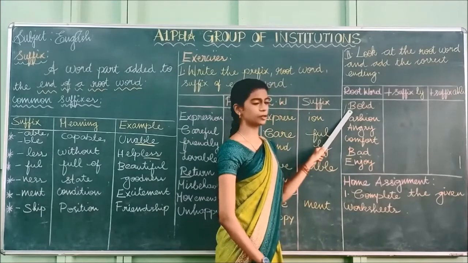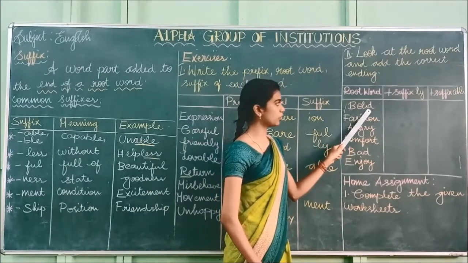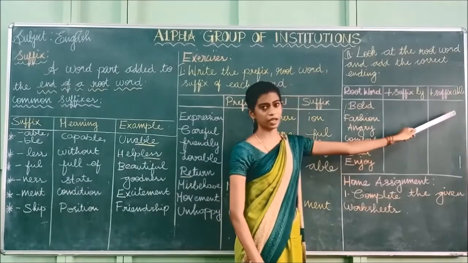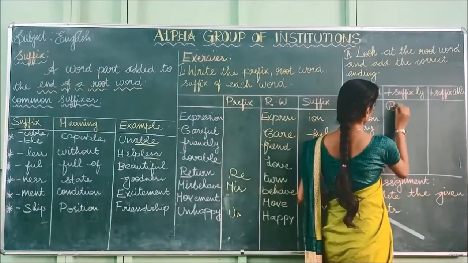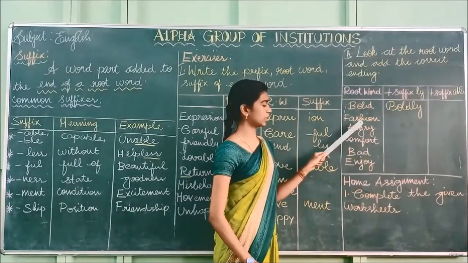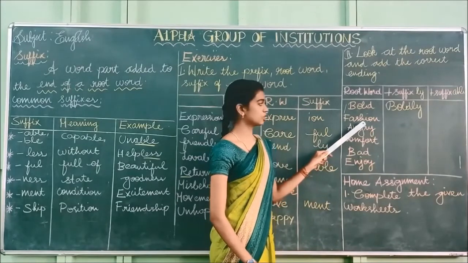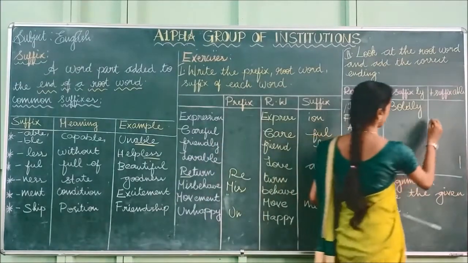The first one is bold. The root word is bold. So what is the suffix for this, whether you have to write ly or able? Yes, ly, boldly, b-o-l-d-l-y. And second one is fashion. What is the suffix for this root word fashion? Fashionable.